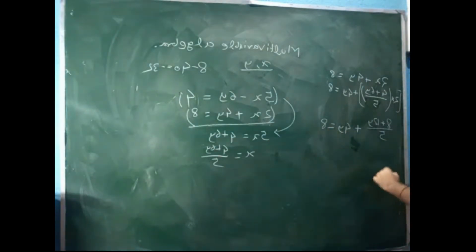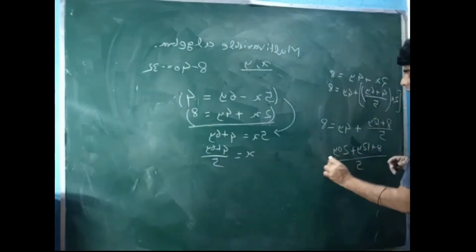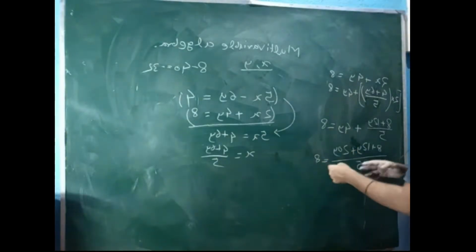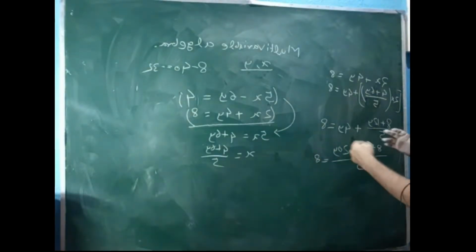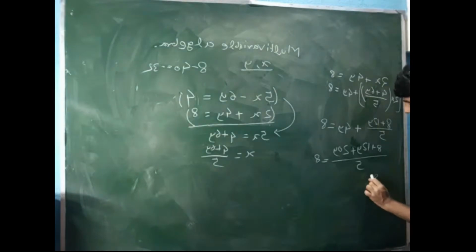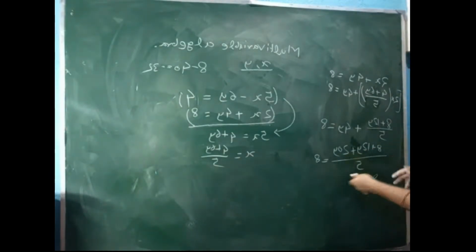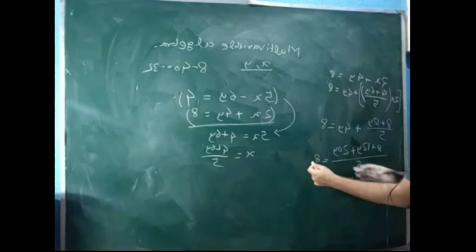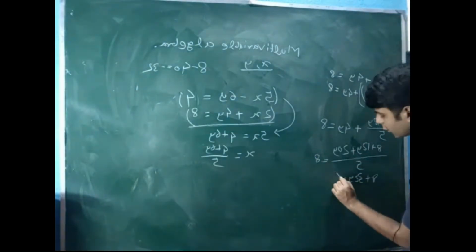So now we have to do some kind of LCM here, which is 5. So 8 plus 12y plus 5 into 4y, which is 20y, equals 8. So after that we can say that 8 plus 12y plus 20y over 5 equals 8. So 8 plus 12y plus 20y becomes 32y, and 5 multiplied with 8 when changing side is 40.